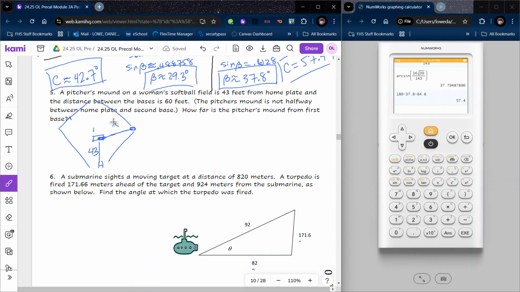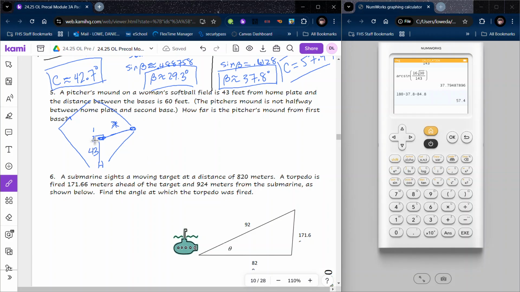I want to figure out that length, but I don't have other information. So how far is the pitcher's mound from first base?